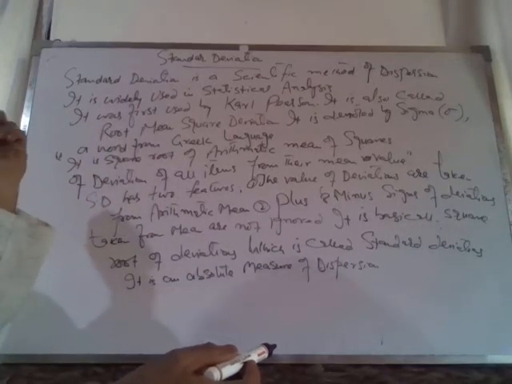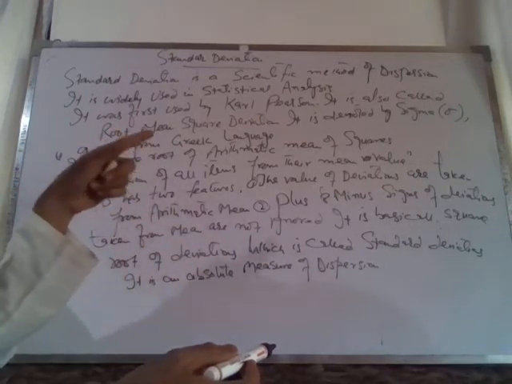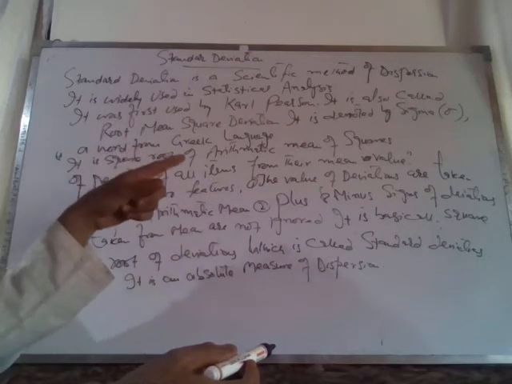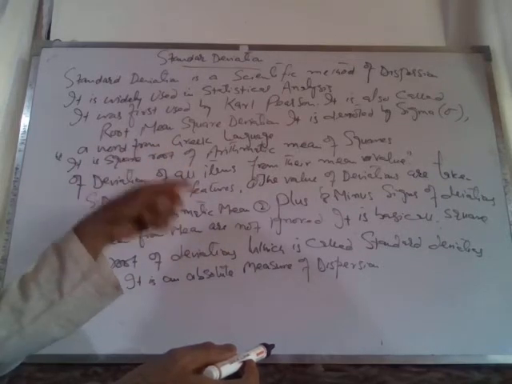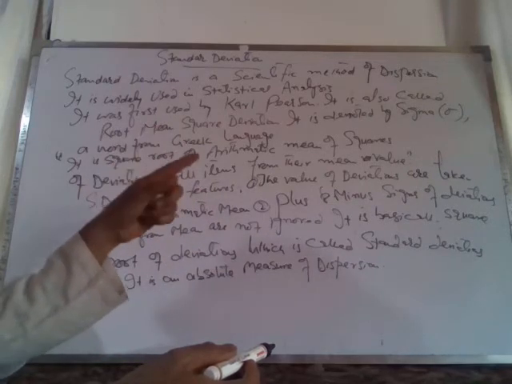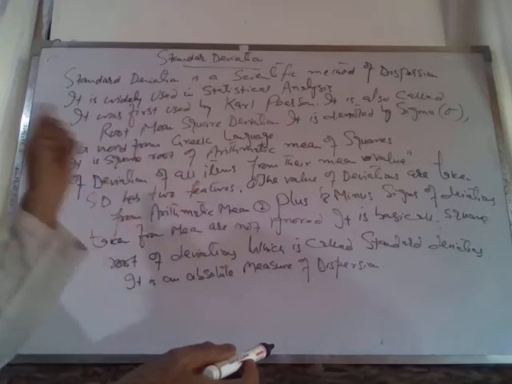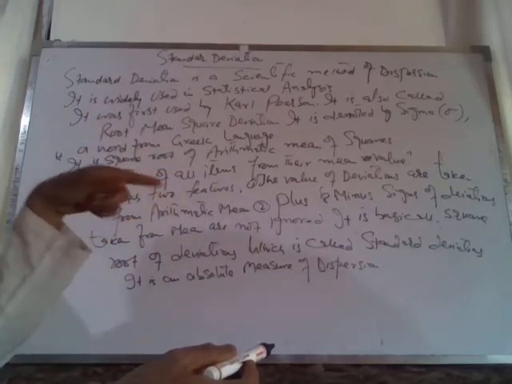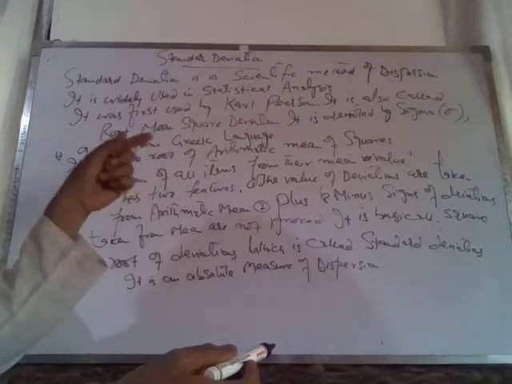Thus, what is standard deviation? It is the square root of the arithmetic mean of squares of deviations of all items from their arithmetic mean. What is the meaning of this definition?